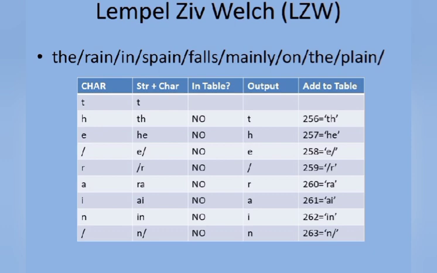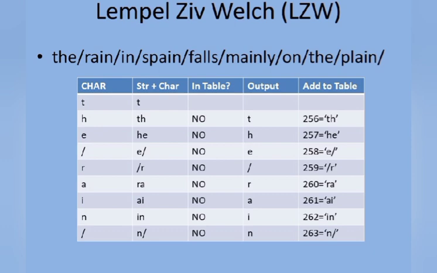After slash, the next character is r. The string will become /r. We will take the previous character and the present one, and look in the table. The answer is no. /r does not exist in the table. So the output will be slash, and this entry, the string /r, will be placed at position 259.